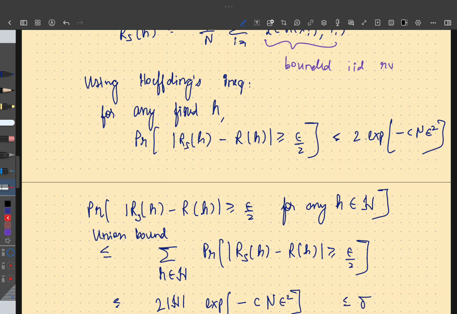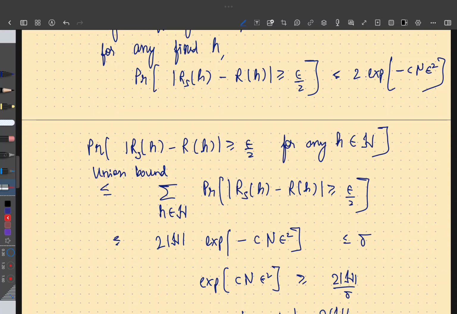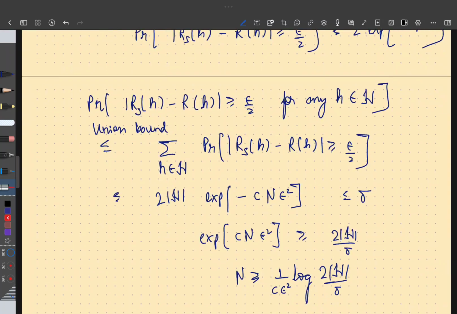Now, in general, we didn't worry too much about this constant c, but potentially this rate of convergence could depend on h. What we want is that this convergence happens for every h at the same rate, because here we had to resort to a union bound. If we could somehow guarantee that this convergence happens for all functions at the same time, then we are done.